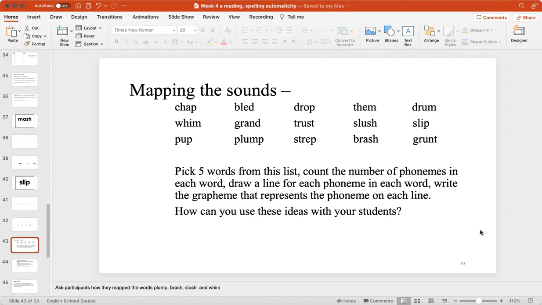And then I want you together to segment the word, count the sounds, draw the lines for each sound, and then write the letters that represent those phonemes on each line. Got it, guys? Does everybody have their 5 words? Each person should have their separate words.